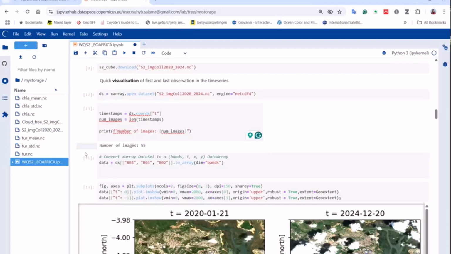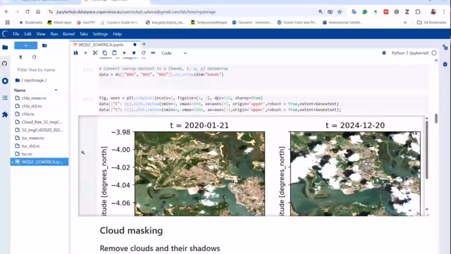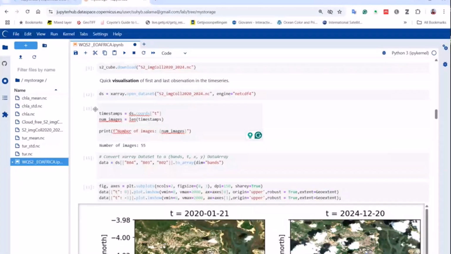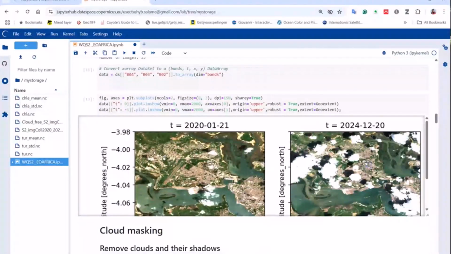I have more images, by the way, but they could have exceeded the cloud cover that I put. So in theory, it is better to have a somewhat relaxed threshold depending on your area. In this area, you have a lot of cloud cover, as you could see.